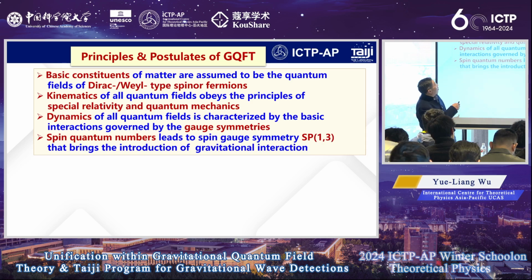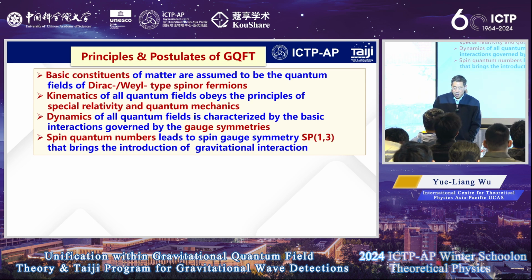Okay, so our basic assumption is that the basic constituent of matter is the quantum field of the Dirac type spinor or Weyl type spinors. Actually, in the standard model, all the fermions are Weyl fermions. Weyl type fermions are not Dirac type fermions. But when Dirac discussed quantum mechanics or quantum electrodynamics, all the electrons behave like Dirac fermions because they have no weak interaction.